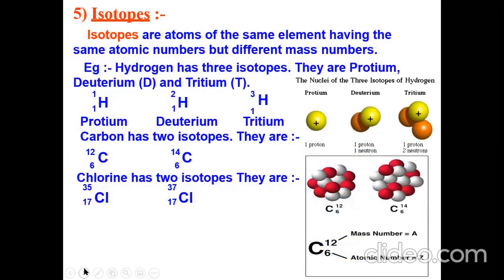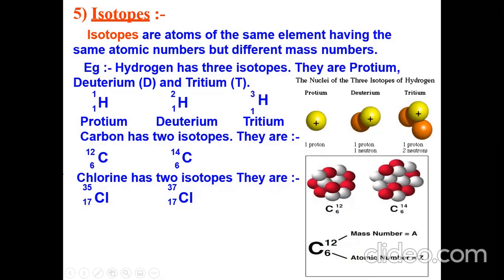Now isotopes. What are isotopes? Isotopes are the atoms of the same element having the same atomic number but different mass number. For example, hydrogen has 3 isotopes: protium, deuterium and tritium. If we see here, these atomic numbers are the same but mass numbers are different. This is the definition of isotope: different mass number but same atomic number.